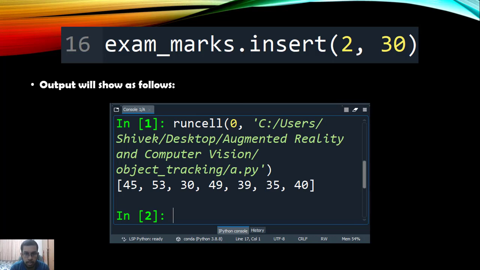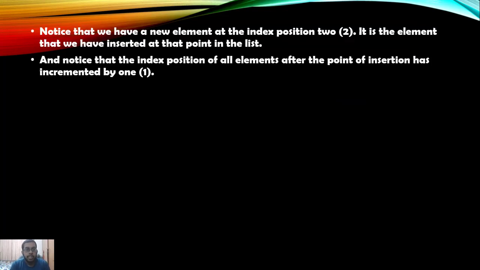Output will show as follows. 45, 53, 30, 49, 39, 35, 40. Notice that we have a new element at the index position 2. It is the element that we have inserted at that point in the list. And notice that the index position of all elements after the point of insertion has been incremented by 1.